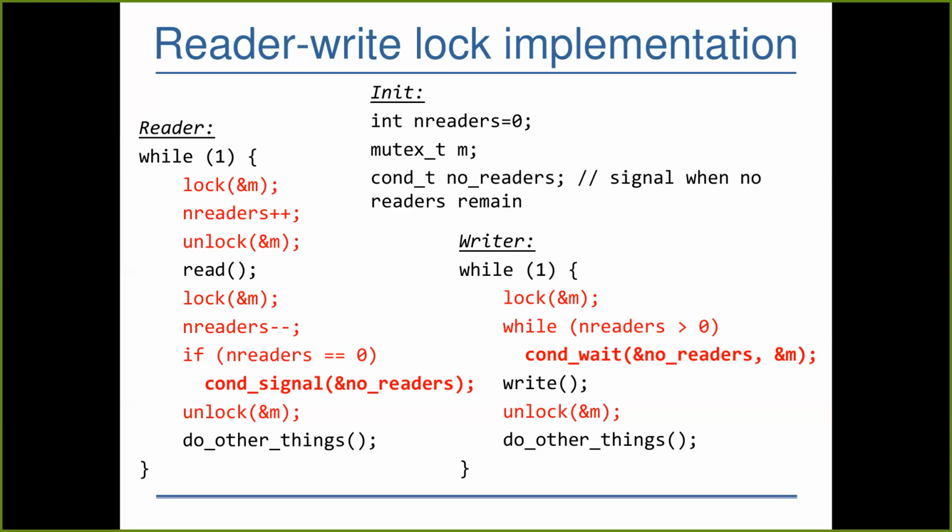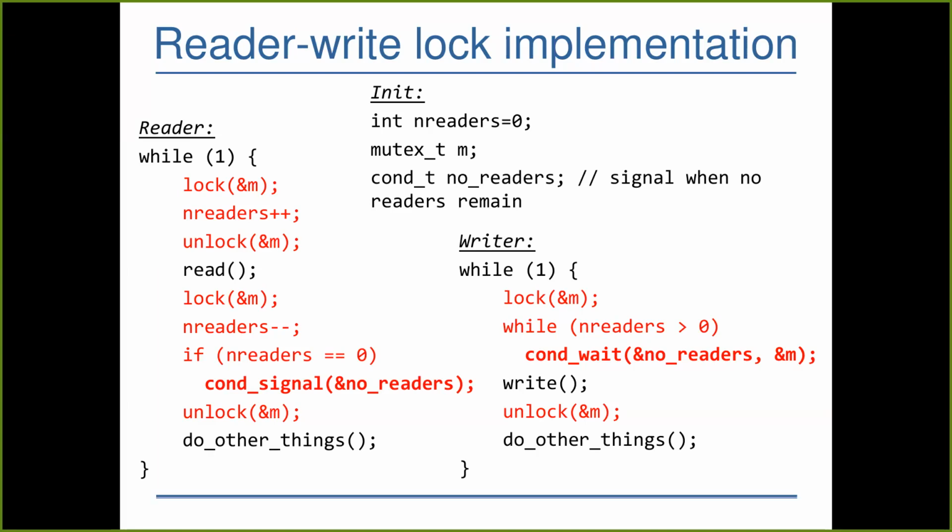So that means it was able to grab the lock, and after it grabbed the lock, it makes sure that n readers is 0, because it's a while loop. So the only condition to break from this loop is when n readers becomes 0. So I have a lock, and I know for sure that n readers is 0. Only after this can I proceed and do the write critical section.